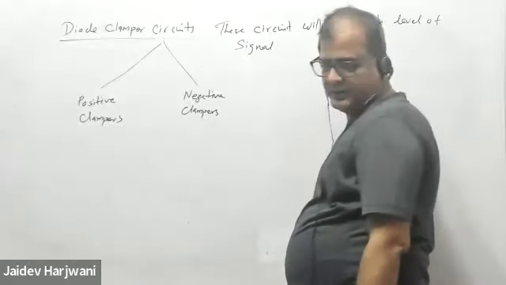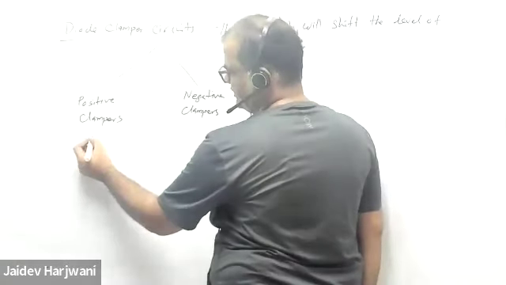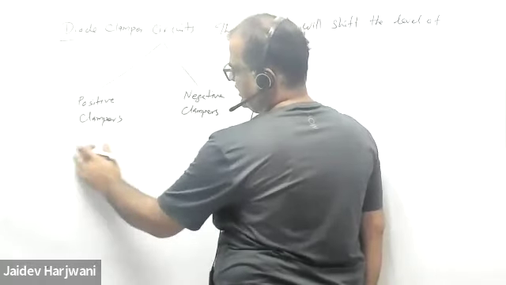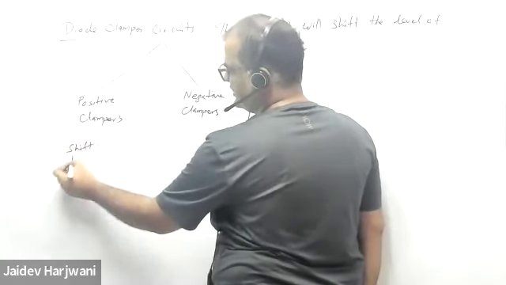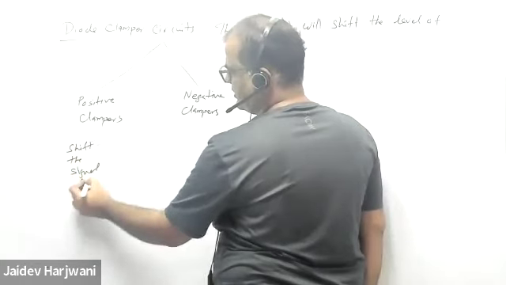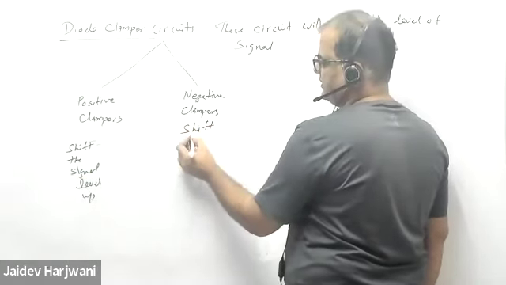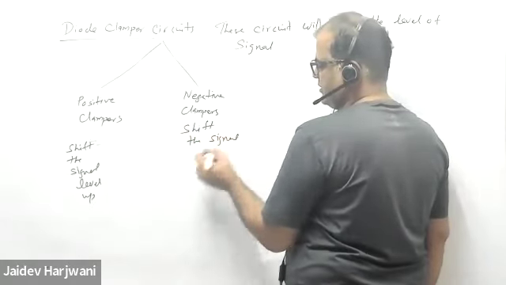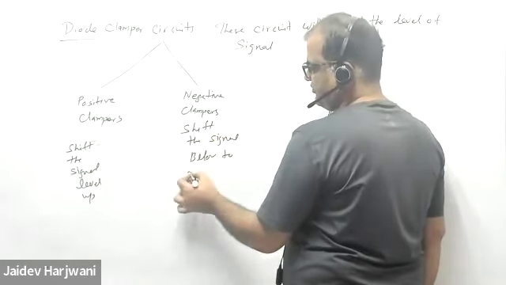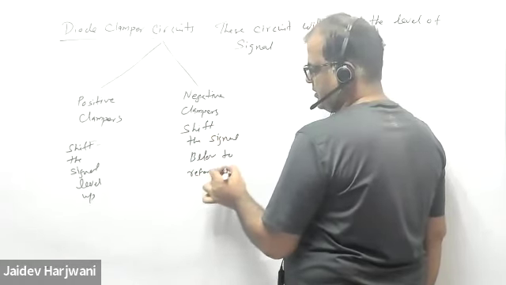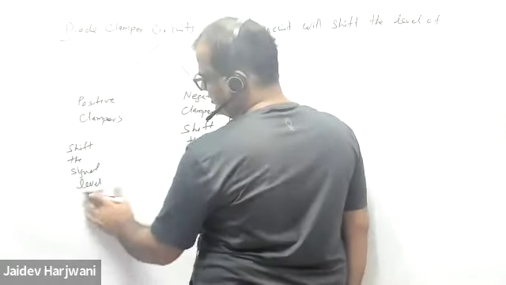First we'll discuss the positive clamper, which will shift the signal level up, above the reference value. The negative one will shift the signal level below the reference value.